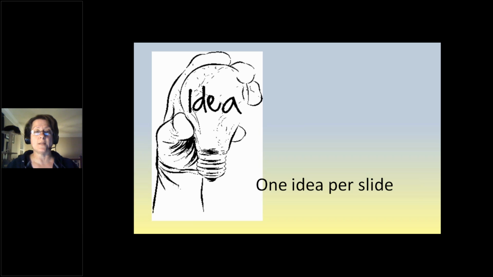However, if you're not doing something that's actual screenshots, then you want to have a PowerPoint there because you want something visual to engage them. So the first thing you want to do is have just one idea per slide. Now, I could have fit all of my ideas for how to do a PowerPoint on one slide, but then I would be just having the same slide in front of you, and that gets boring.